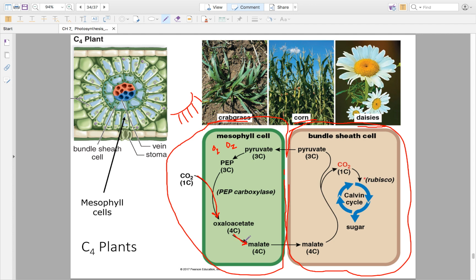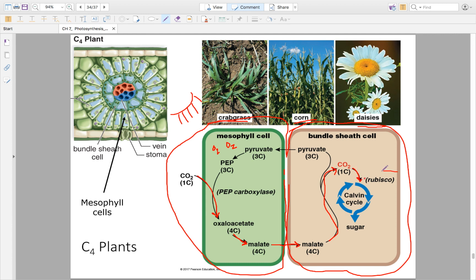That C4 molecule can move out of the mesophyll into the bundle sheath cell, and then it will drop off CO2 right into the Calvin cycle.